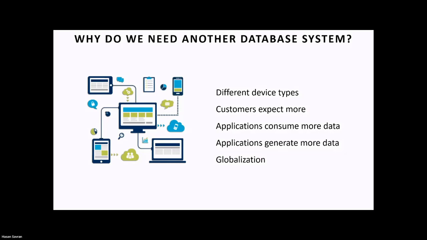Or there are other users out there buying those products, maybe you'll like that. So customers are expecting things like that from other web applications. Because of that, applications are consuming more data now. Also, they are generating more data. And that puts pressure on databases.